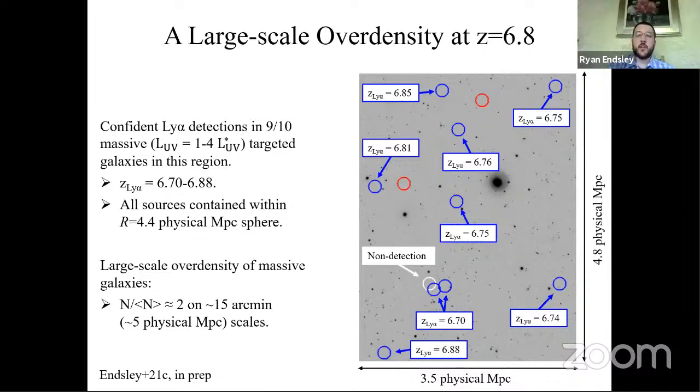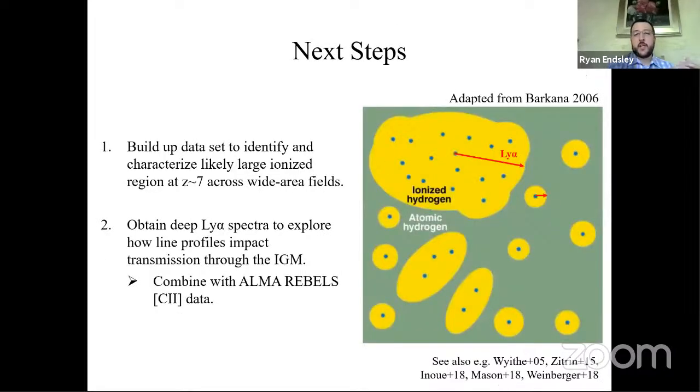Right? And now that we have this more extended region and 3D position information for these galaxies, we can determine that, based on these 9 massive galaxies, this region appears to be 2 times the average density across this very large scale, this 5 physical megaparsec, 15 arcminute scale. So this is one bubble that we've been able to identify so far.